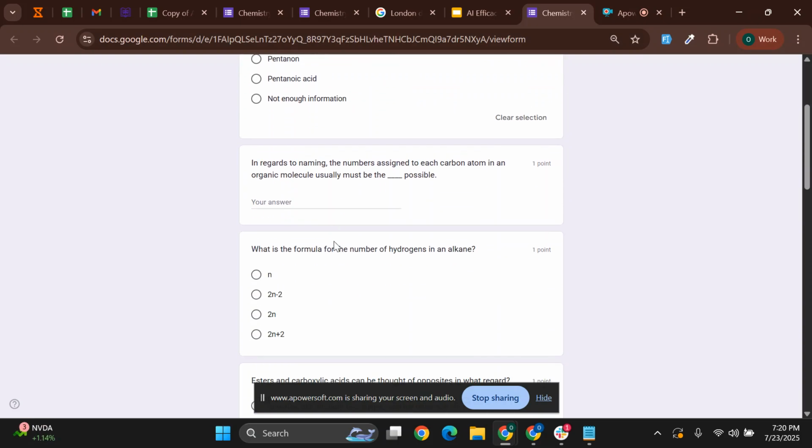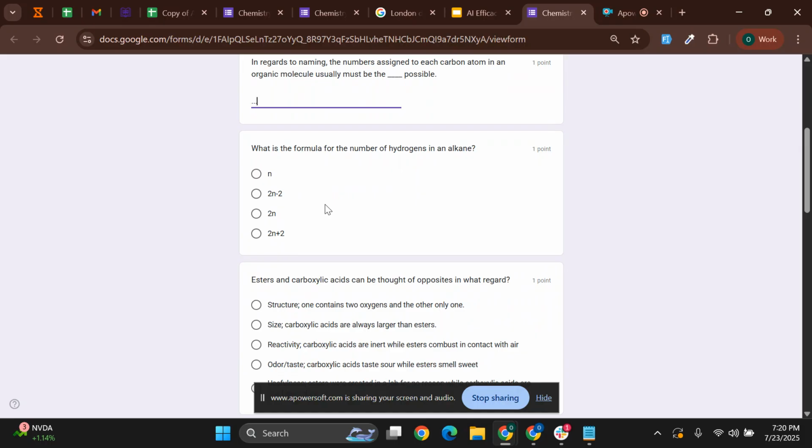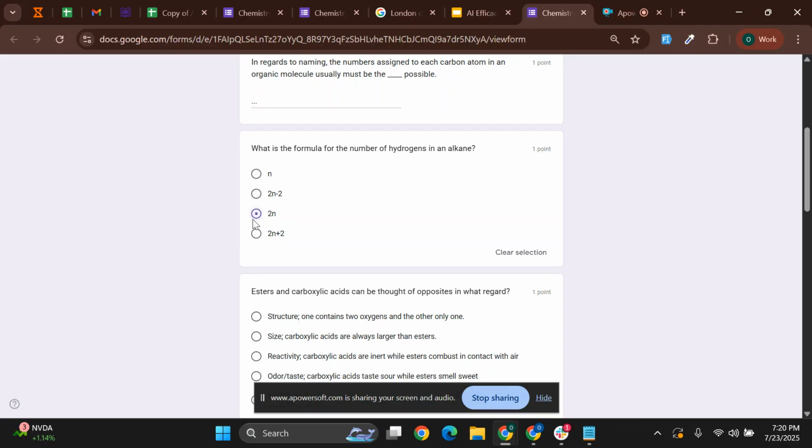In regards to naming, the numbers assigned to each carbon atom in an organic molecule usually must be the lowest possible. I don't know about it. What is the formula of the number of hydrogens in an alkane? I think 2n.